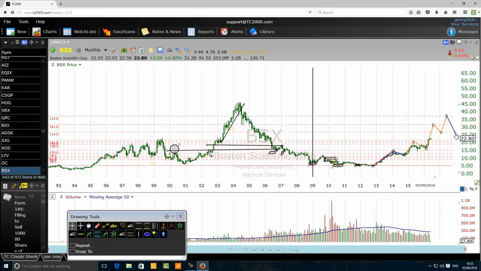Remember what I'm doing? I'm forecasting what Boston Scientific is likely to do, but it does not mean that this is exactly what is going to happen. But if the price is doing my expectation, well, I have an edge, which is good. This is the advantage of the area wave forecast. It's a guide.